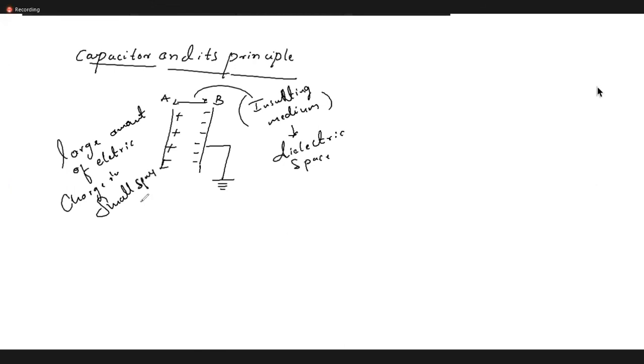So this is about the capacitor. Now, what is the working principle? Let me explain the working principle.